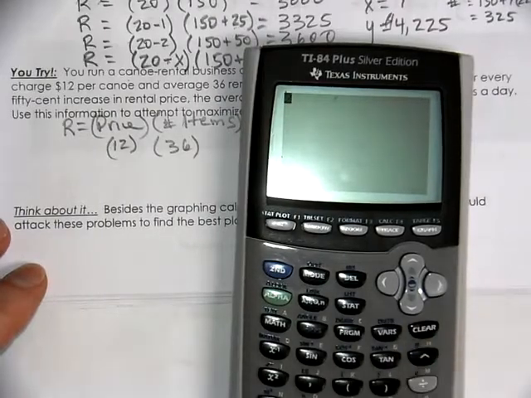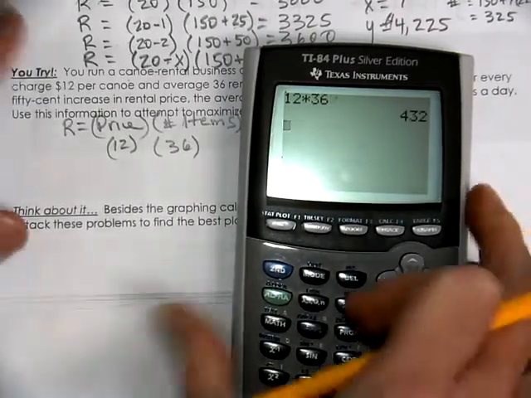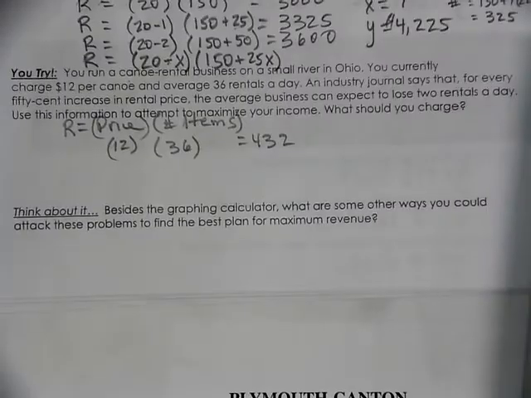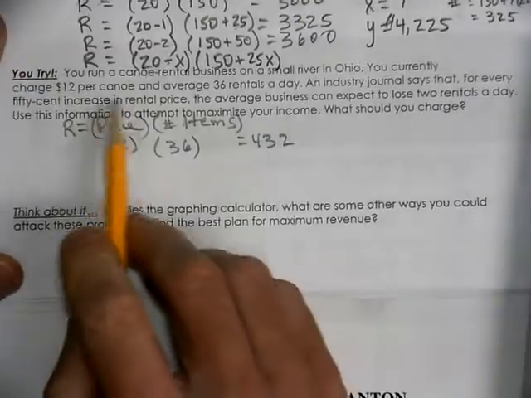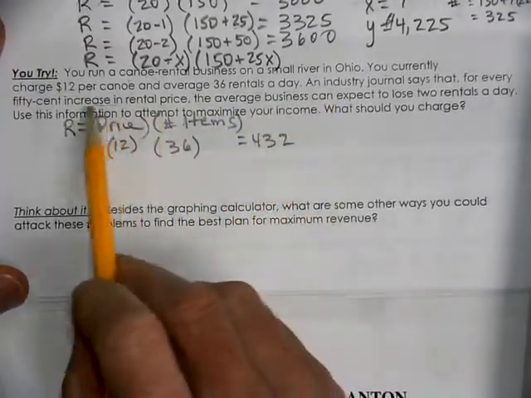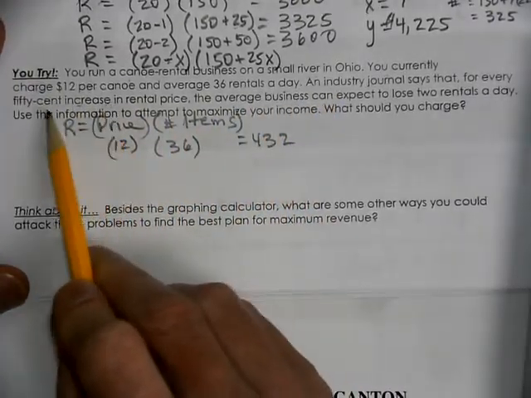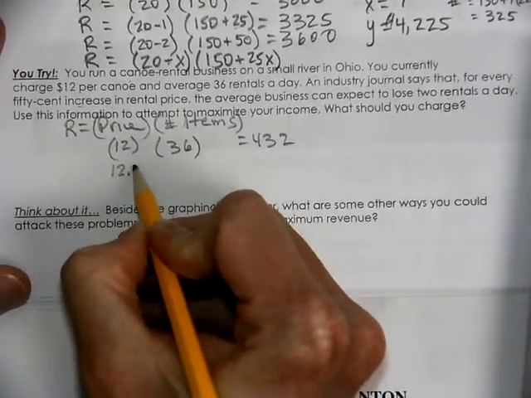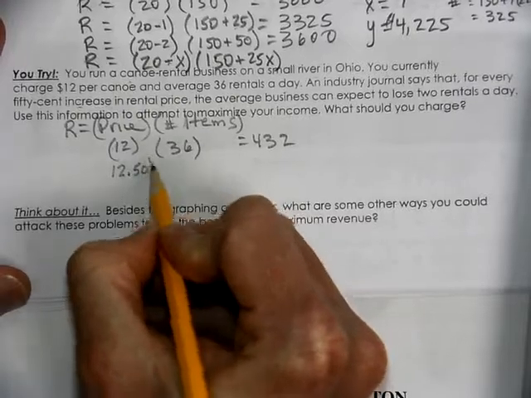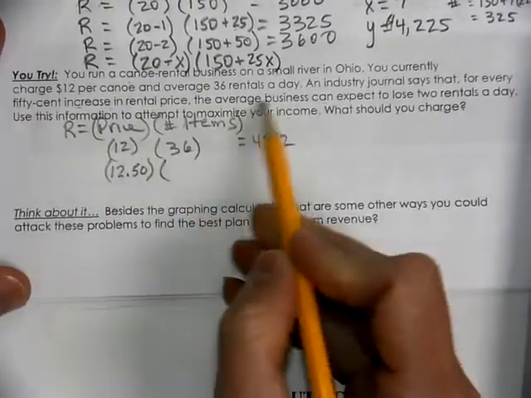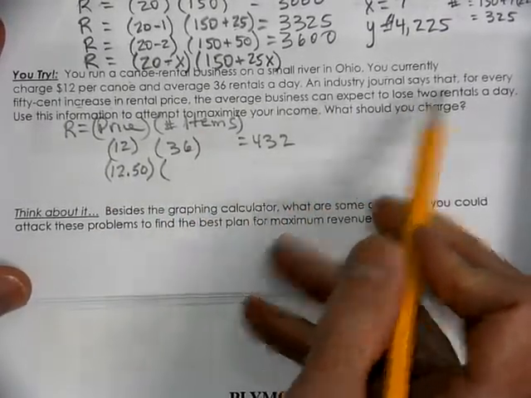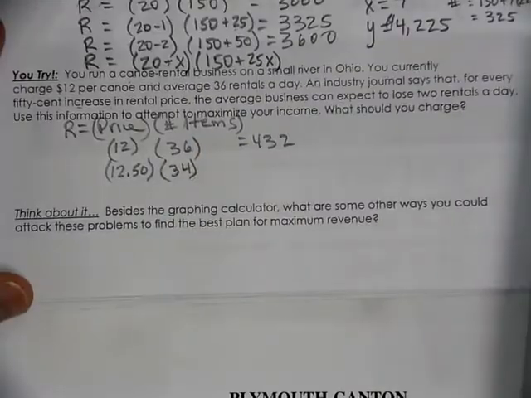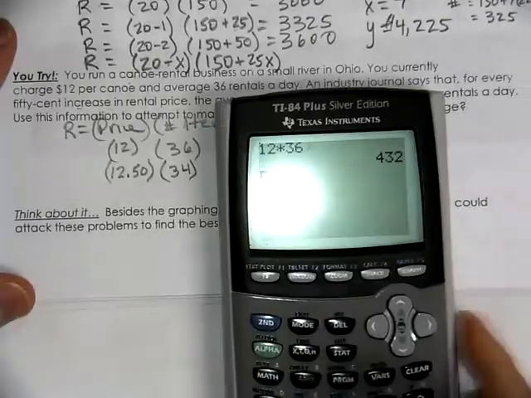That's going to be 12 times 36, that's going to be $432. Now, when we increase the price by 50 cents, we're going to lose 2 rentals. We're now going to have 34 instead of 36.